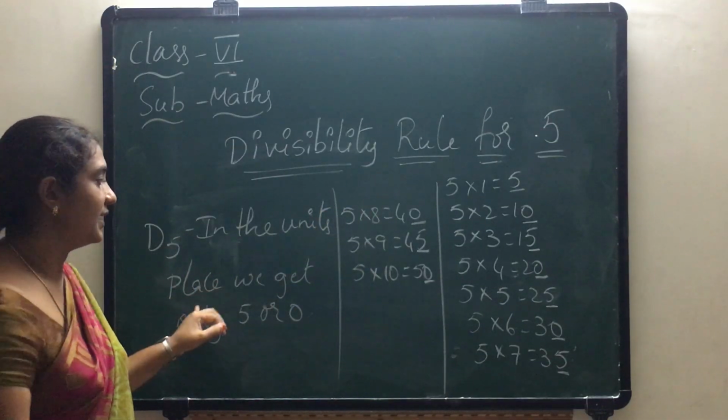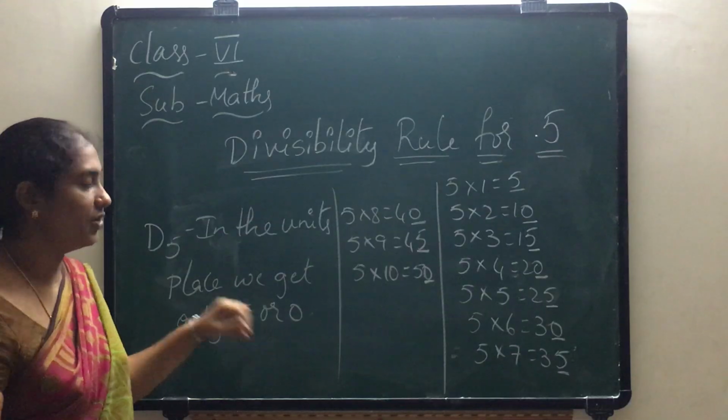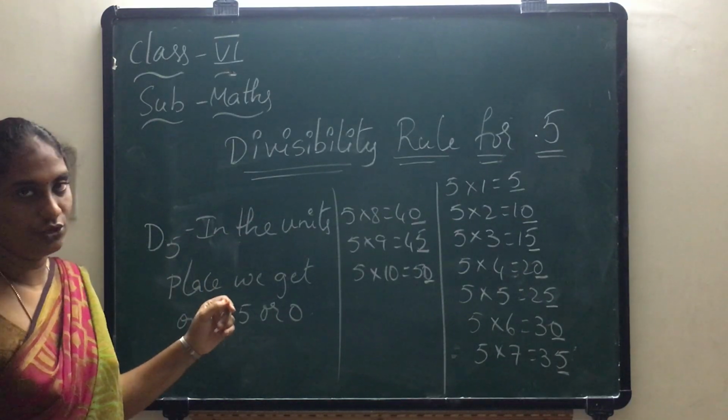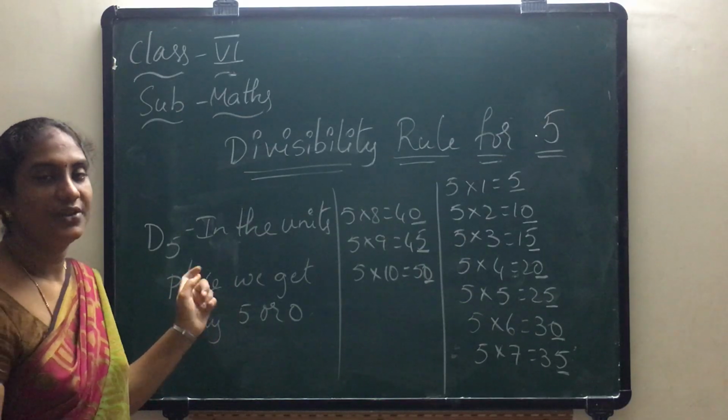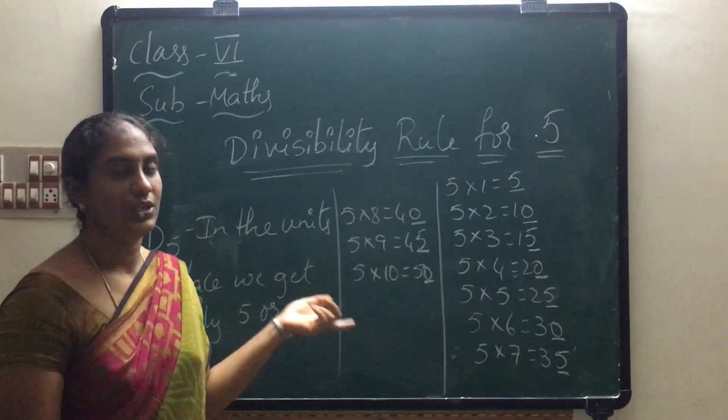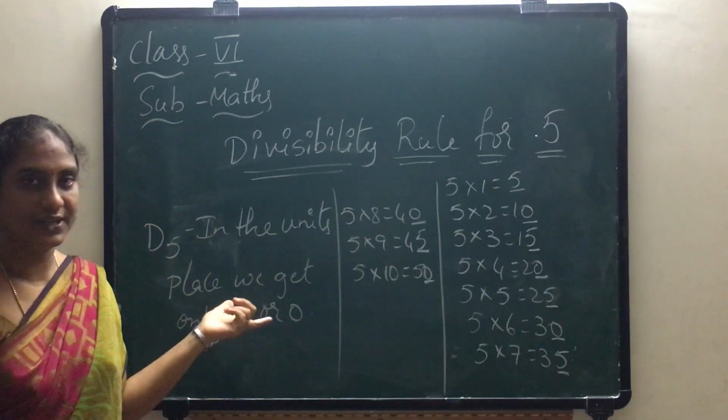In the units place we have to get 5 or 0. Then only is the total number divisible by 5.